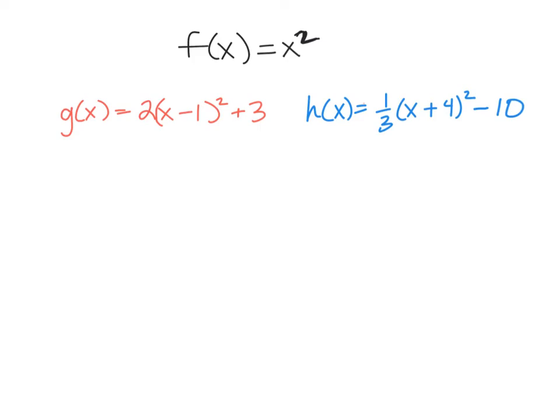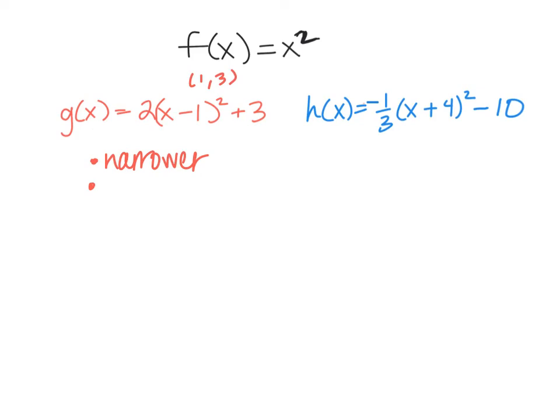Okay, we're going to do 2 examples of things all together. Here's 2 functions, and we're just going to bullet point list out what's happening here. Okay, let's start with the a value. The a value is greater than 1, so it's going to get narrower. The vertex is 1, 3.